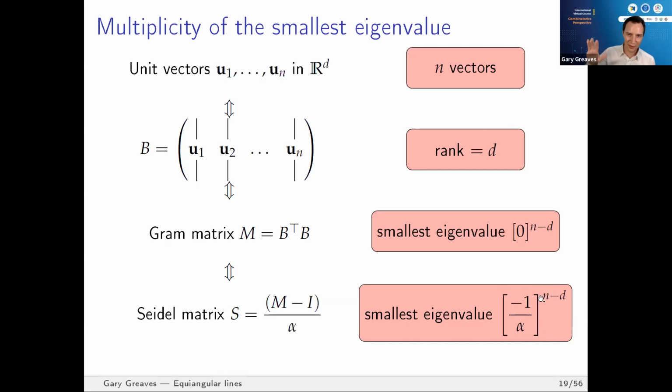So you just take the size of the matrix minus this multiplicity, and that gives you the dimension that it lives in. So we can read off all the important information about our equiangular line system just by looking at the smallest eigenvalue of the Seidel matrix and its multiplicity. So when you're given a Seidel matrix and you want to understand properties of the equiangular line system, you want to find the smallest eigenvalue.